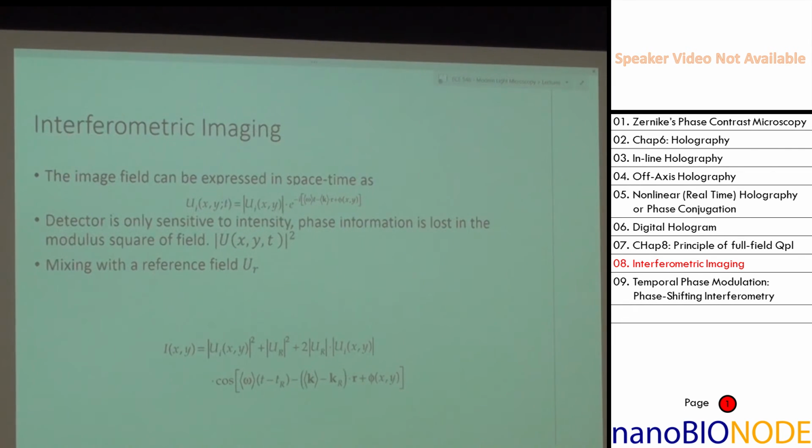And this is a field that's growing very fast because it's making use of this phase information that is difficult to measure. The difference with respect to how digital holography was invented is that we want to quantify the phase information.